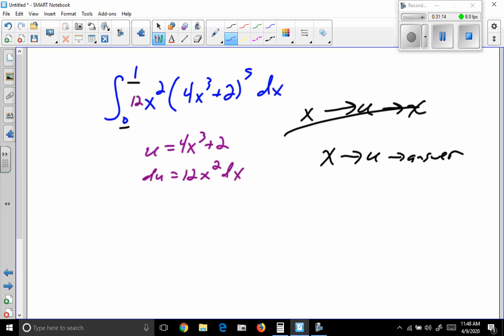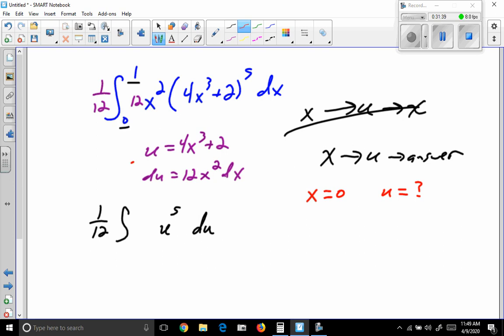We're still going to multiply by 12 and divide by 12, so we're going to have a 1/12 out front. 12x squared dx is still du. We still have u to the 5th. What's different is that we're going to change an x value of 0 to a corresponding u value. How are we going to do that?